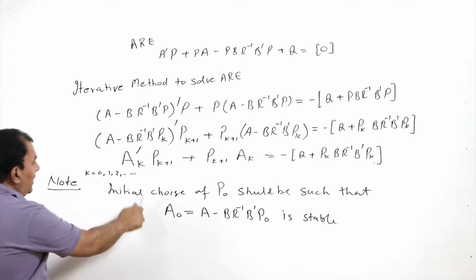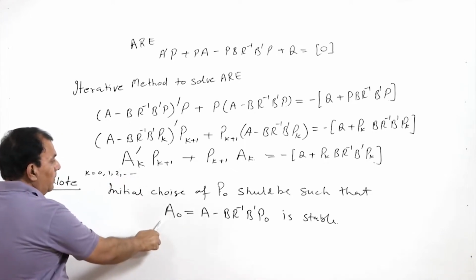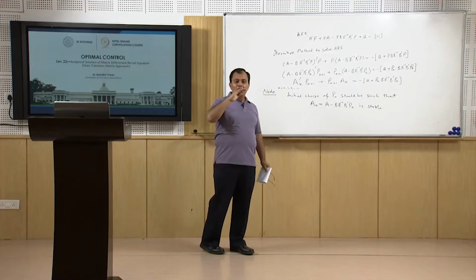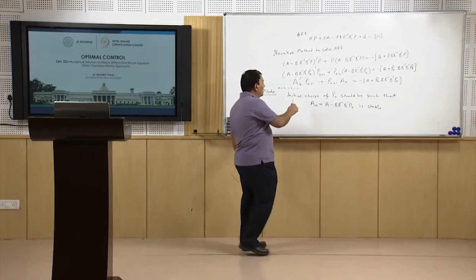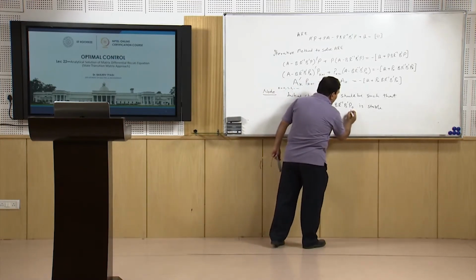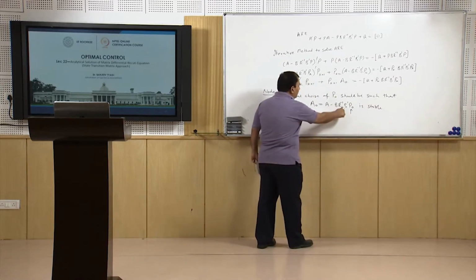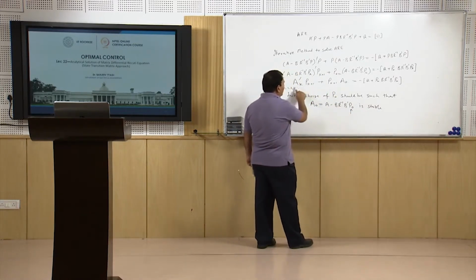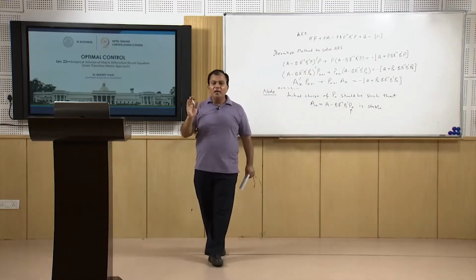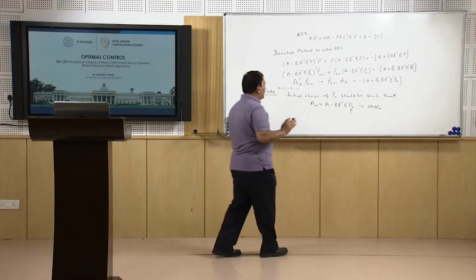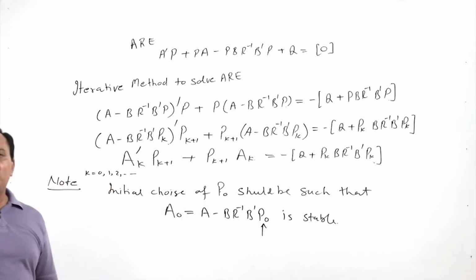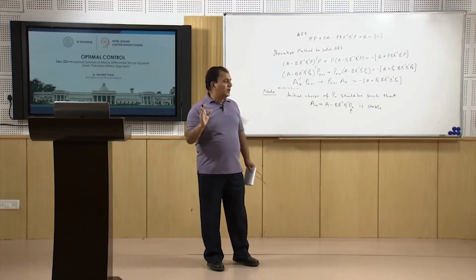So, this matrix A0. To converge my solution to a constant matrix P, my initial guess P0 should be such that my matrix A0, A minus B R inverse B prime P0, is a stable matrix. This means this matrix will have all its eigenvalues with negative real part.